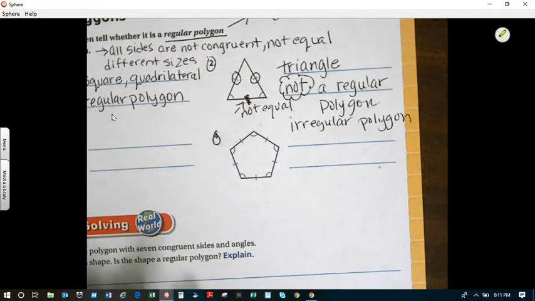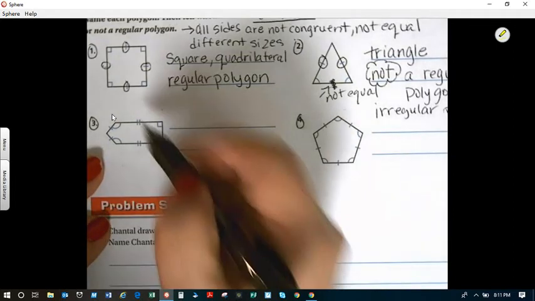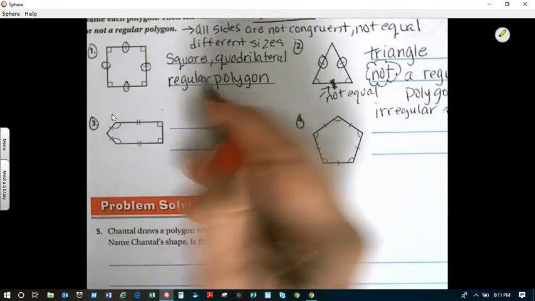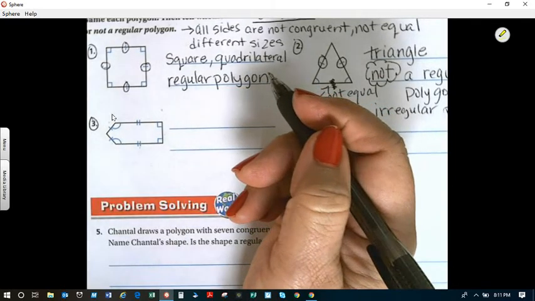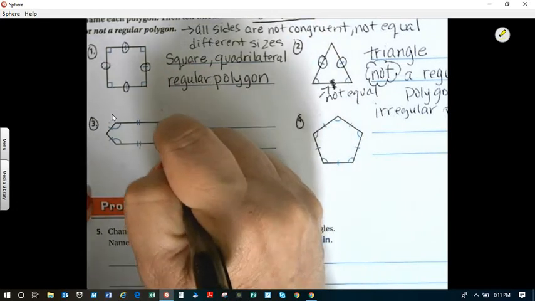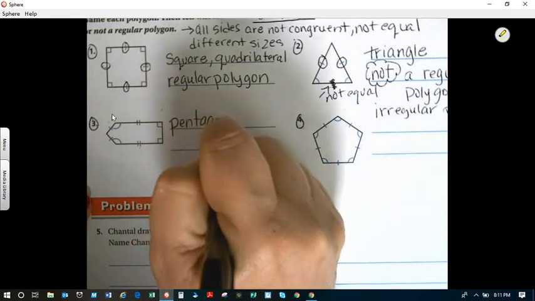So let's look at this one, number 3. Which shape would we call this? Well, I have 1, 2, 3, 4, 5. What do we call a 5-sided figure? It's a pentagon. What do you also notice?